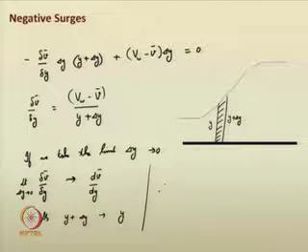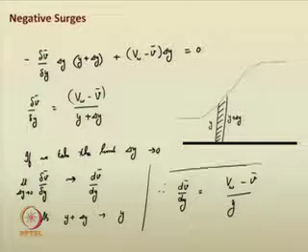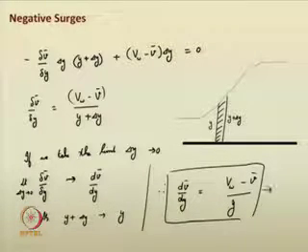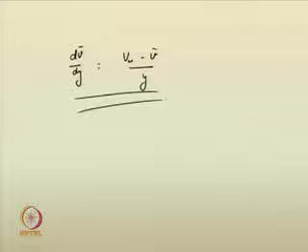Therefore, I get the relationship dV bar by dy is equal to V w minus V bar by y. You can name this equation A. As we worked out, we get this from the continuity equation.